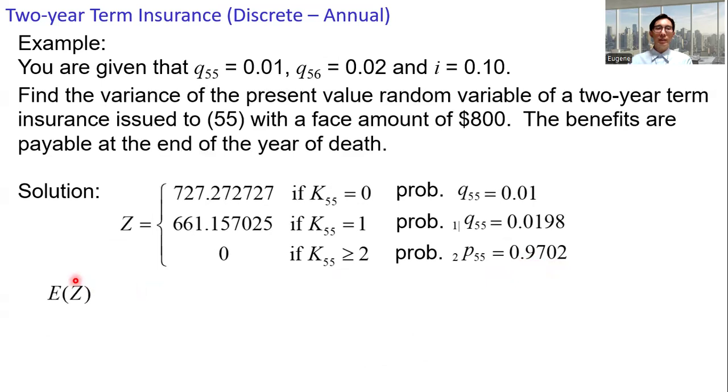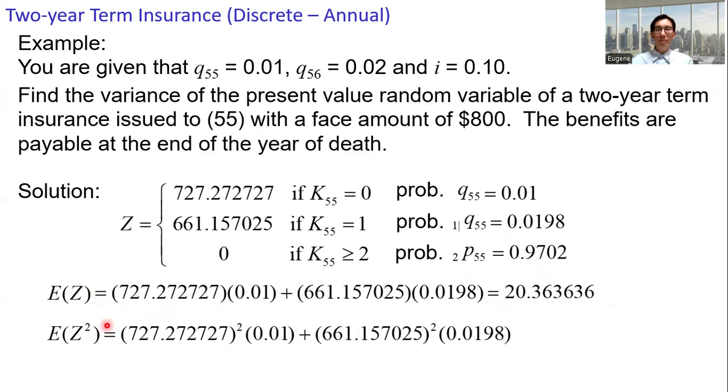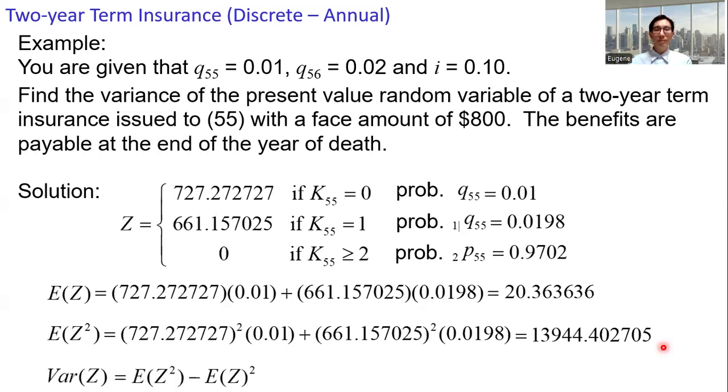The expected value of Z is 20.36. The expected value of Z squared is 13,944. And from that, we can get the variance.